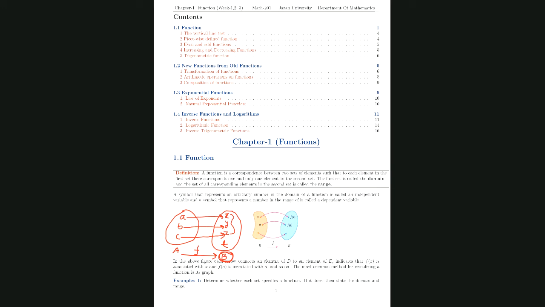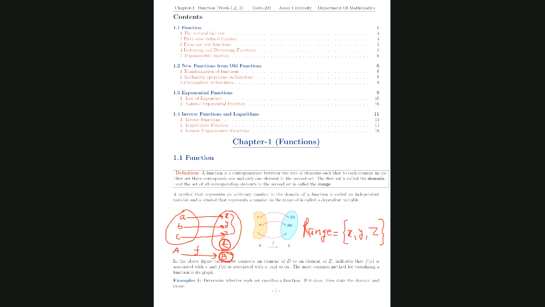So range means only these elements, X, Y, and Z. These are the range. T is not in the range because T is not connected. Okay, only connecting elements are range.